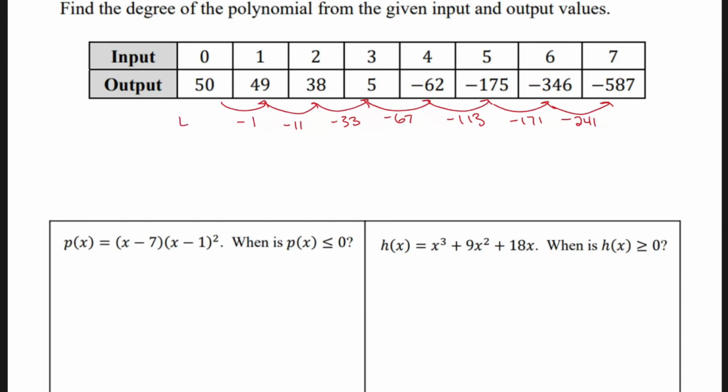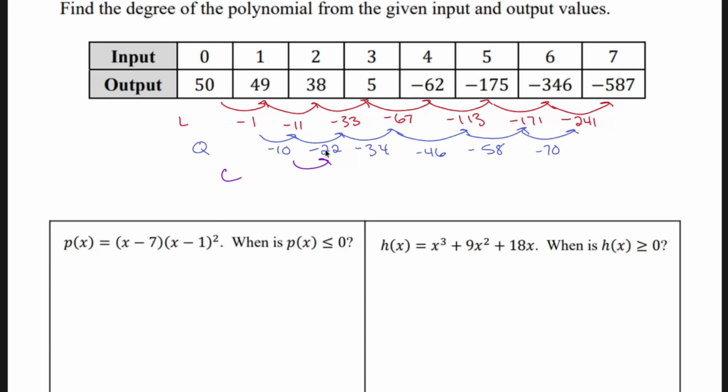So is it linear? No. Is it degree 1? No. Quadratic. Let's subtract 10. Let's subtract 22. So it ain't quadratic either. Let's subtract 34. Let's subtract 46. Let's subtract 58. Let's subtract 70. Non-quadratic, not linear. Is it cubic?